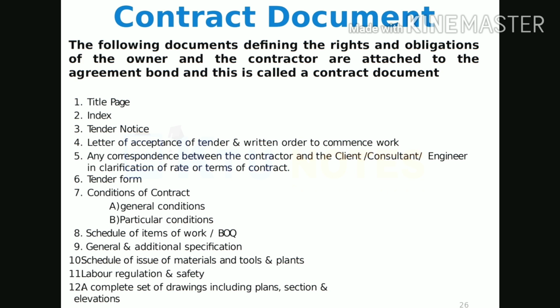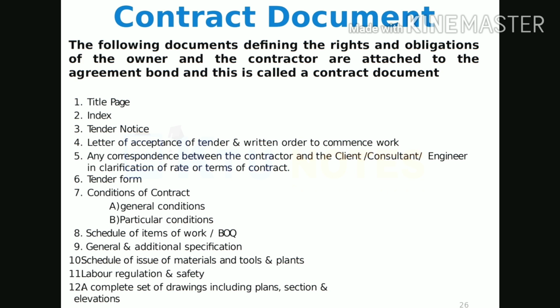So the contract document should include a cover page or title page. It contains the name of work, name of owner, name of contractor, contract agreement number, etc. Next is the contents page. The contents of the agreement with page references will be included. Then the third one, notice inviting the tenders. Then tender form. Next is schedule of issue of materials.